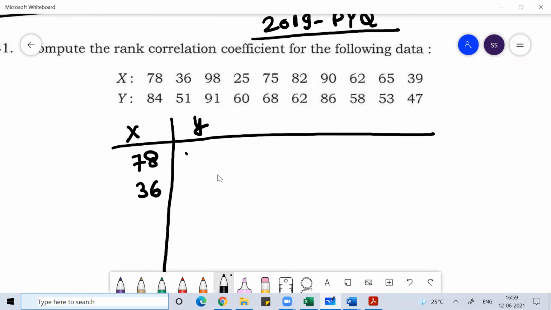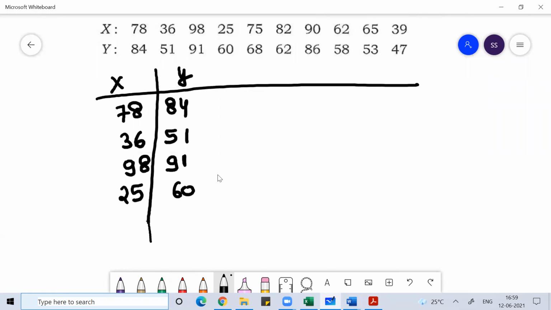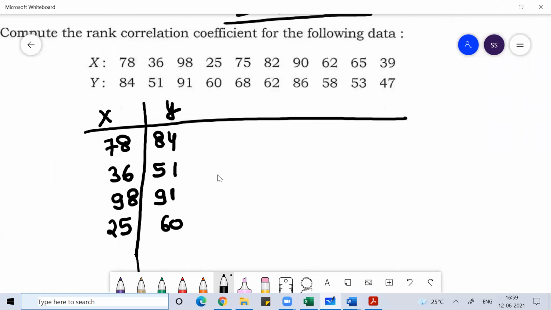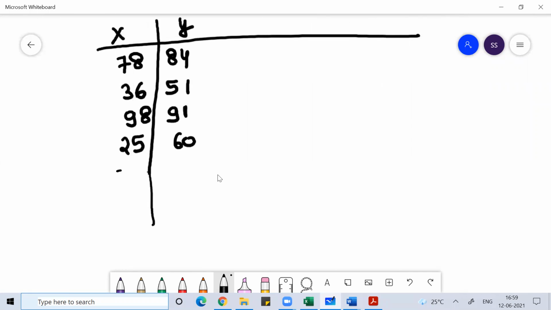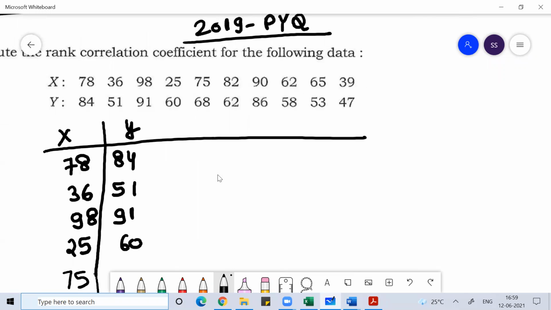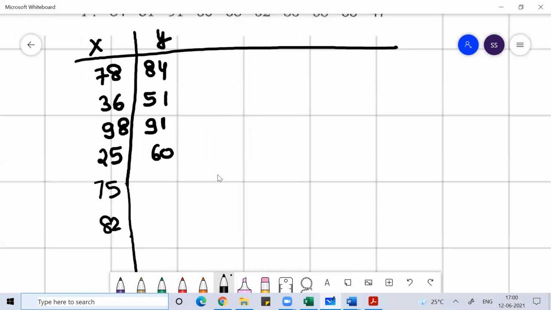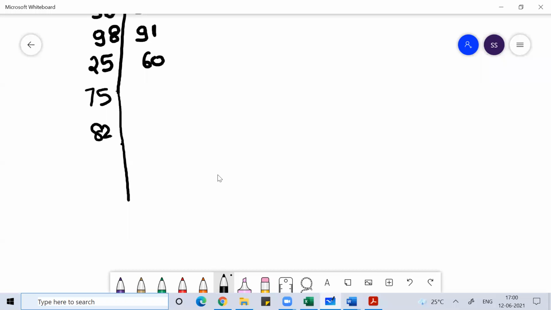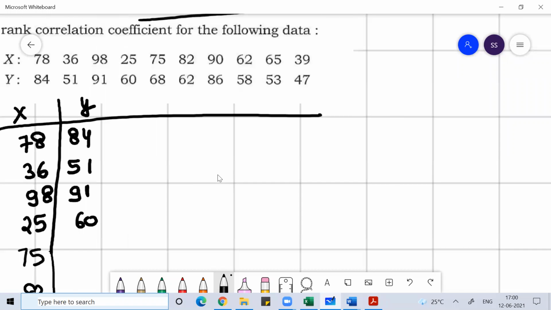The data for X is 78, 36, 98, 25, 75, 82, 90, 62, 65, 39.